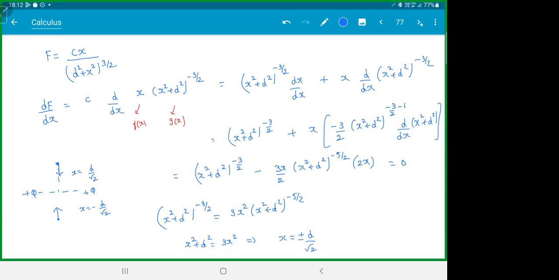Can I turn the page? Next, rate of change. So whenever you hear the word rate of change, it can be anything: rate of change of position, rate of change of velocity, rate of change of temperature. So it is nothing but any quantity.